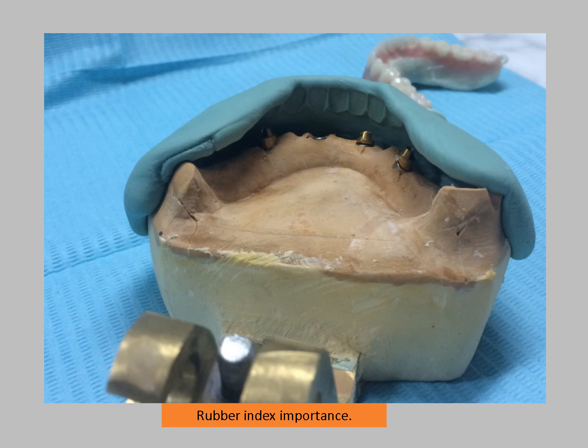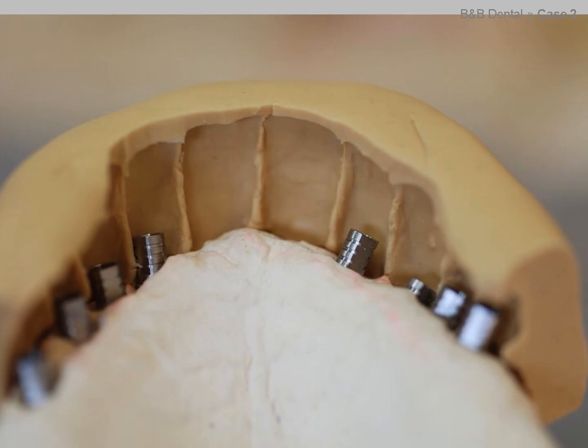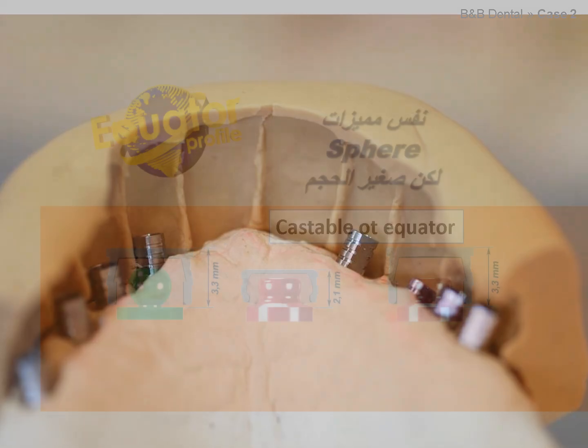Remember that there is a notch here and here. This one will be seated, and you will see the tooth here and the flanges. So now we know this space, how much it is, and according to it we choose these attachments. We can also use it to know the length of the abutments that we need.